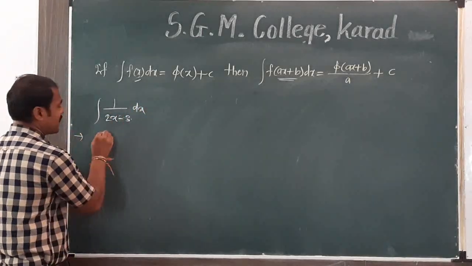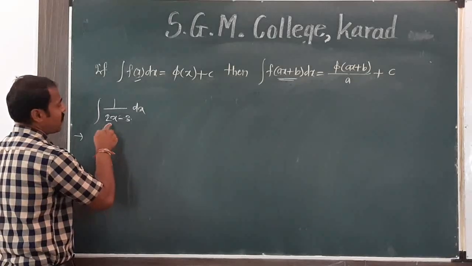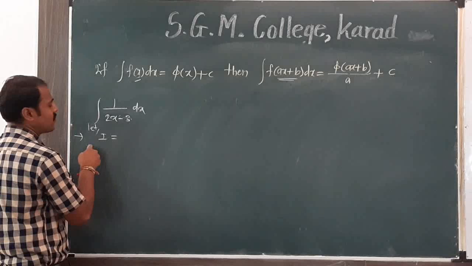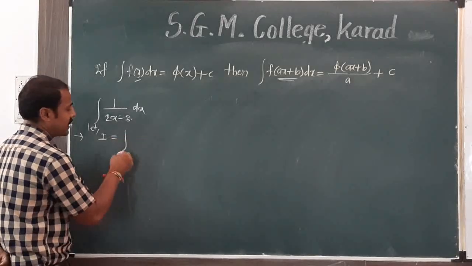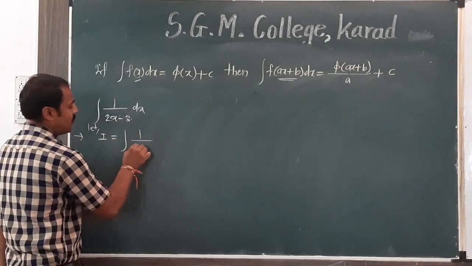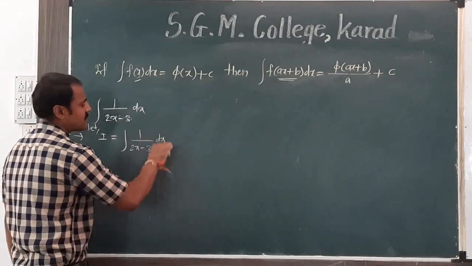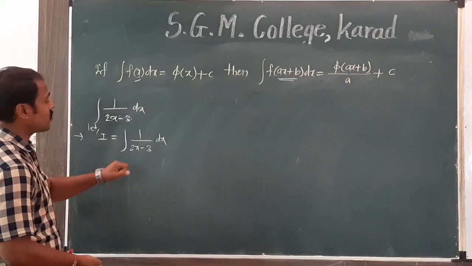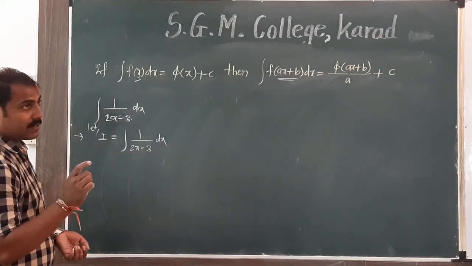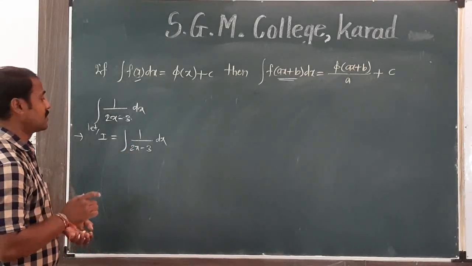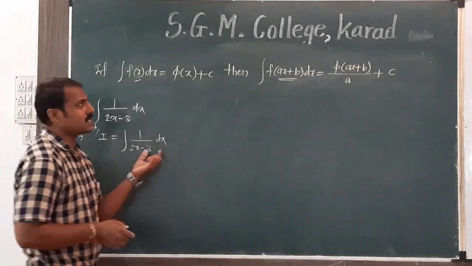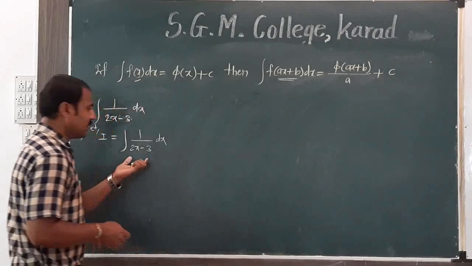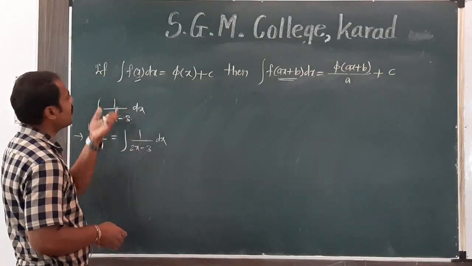First denote the given example of integration by I. So let I be equal to integration of 1 upon 2x minus 3 dx. Look here, 2x minus 3 looks like a linear equation ax plus b. So we use that corollary.